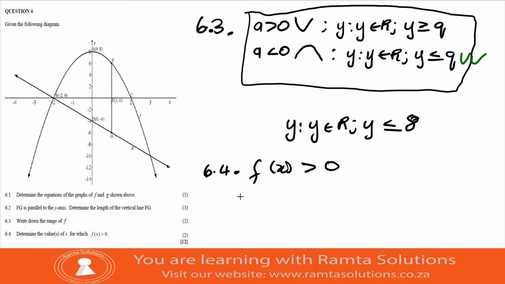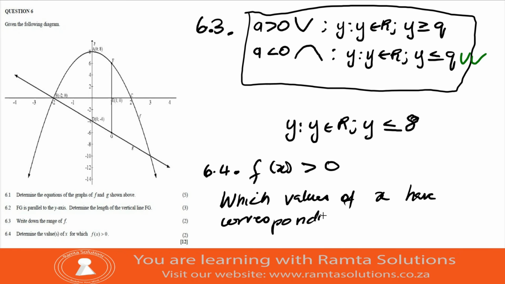What this means is that basically it's asking you which values of x have corresponding y values that are positive, right? This is what the question is asking you. So which values of x have corresponding y values that are positive?